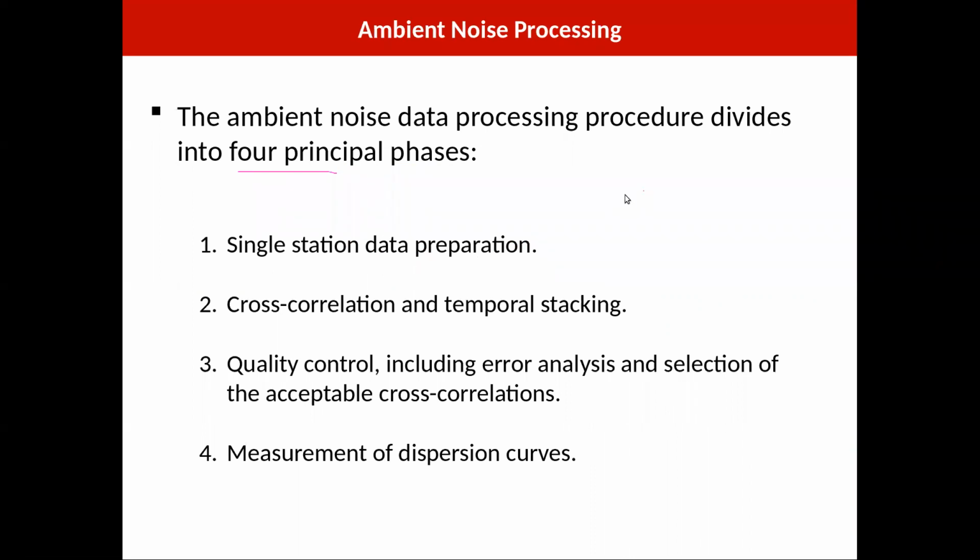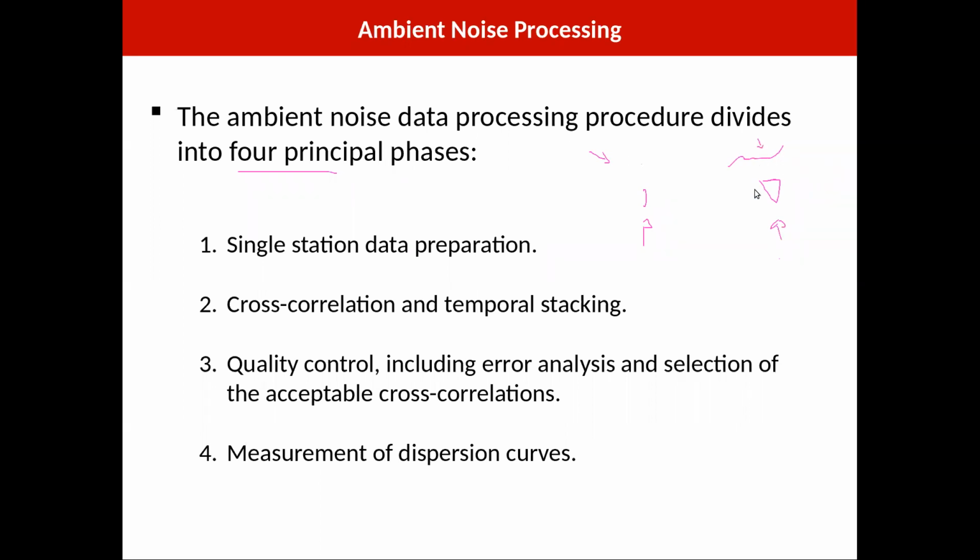So let's just take the example of two stations. We have two stations, and we record the noises or the waveforms at both stations. And then the single station data preparation is that we're just focusing on each station, we do some processing on this recorded waveform, on this noise signal, and then we do some processing on this recorded waveform individually.